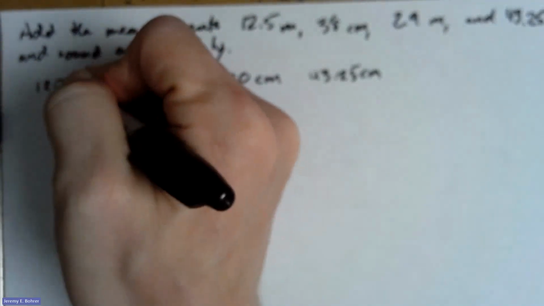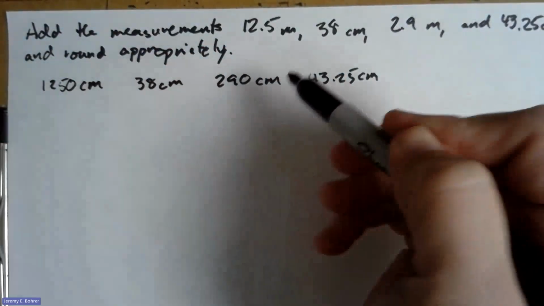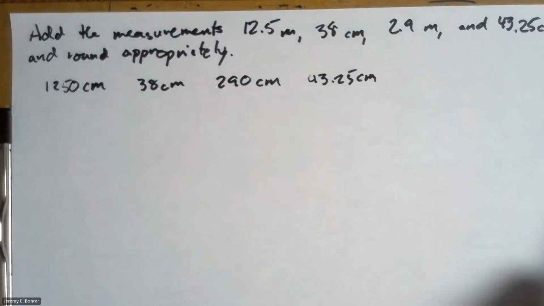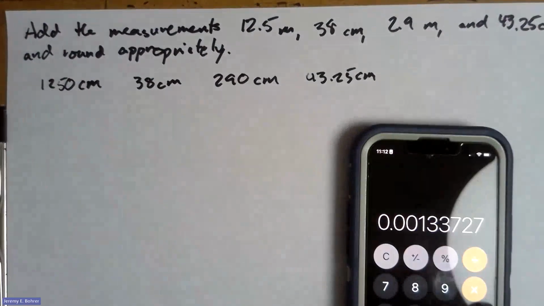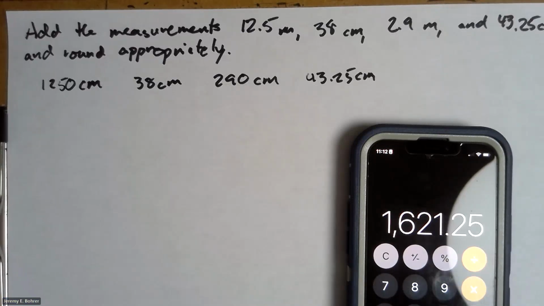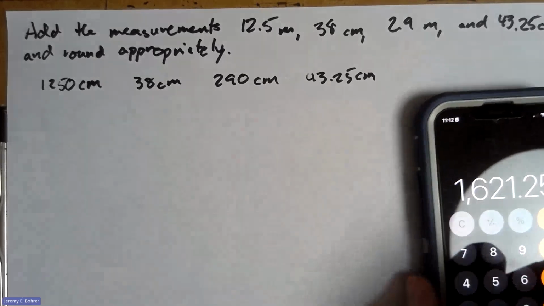Now we're going to add these up. 1,250 plus 38 gives us 1,288 plus 290. Do this on a calculator, that'll be the easiest way. 1,250 plus 38 plus 290 plus 43.25 gives us 1,621.25 centimeters.